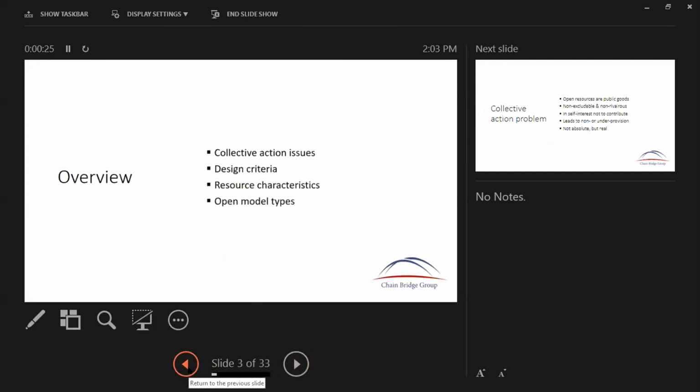Then we'll describe the principal issues that need to be addressed in designing a collective offer. We'll also describe how various characteristics of an open resource affect the design of the model to support it. And finally, we'll provide a very high-level overview of common approaches to sustaining open resources. Given the time constraint, we'll have to keep all of this at a general level, but we can go into more detail if there are any more questions.